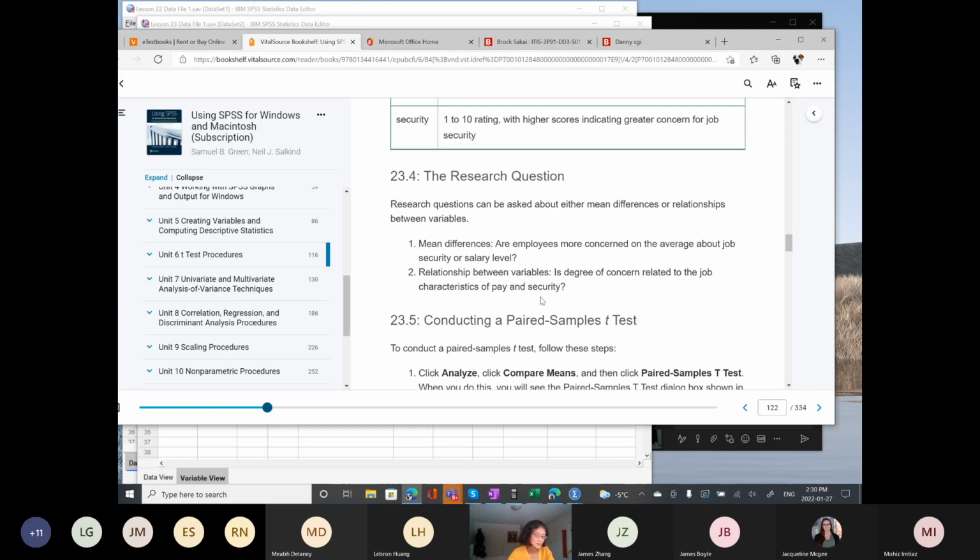Okay. So, to answer the first question, are employees more concerned on the average about job security or salary level? We compare paired samples. Why is it paired?